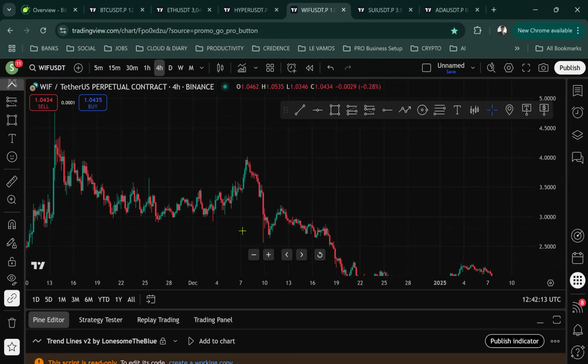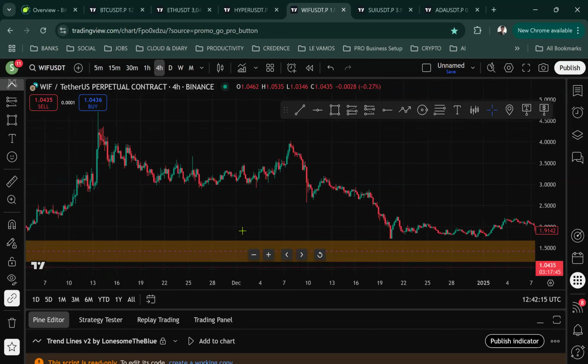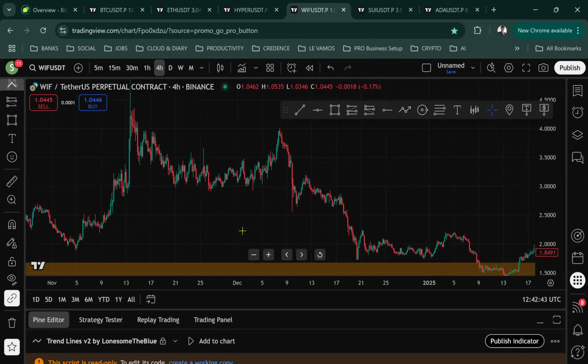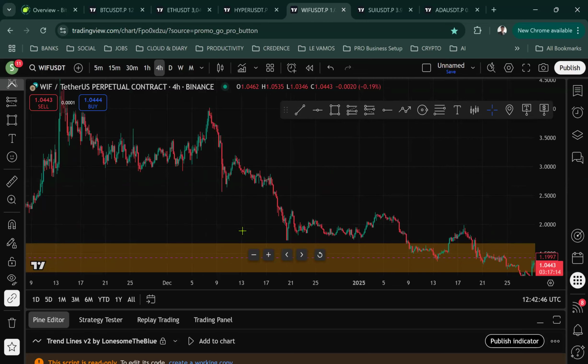Basically, what we want to identify are the zones, the structure, which is the same thing as trend. For us to know the trend, we need to mark the structure, the higher high and the higher low.